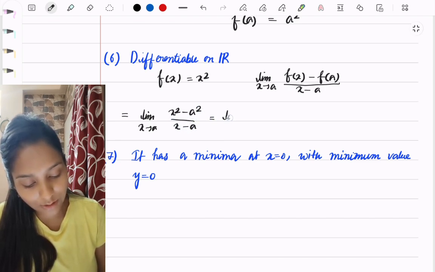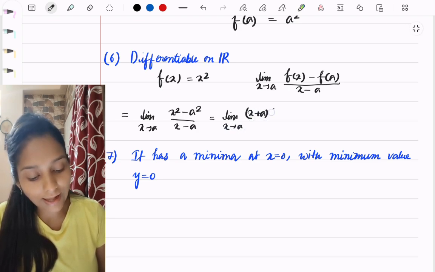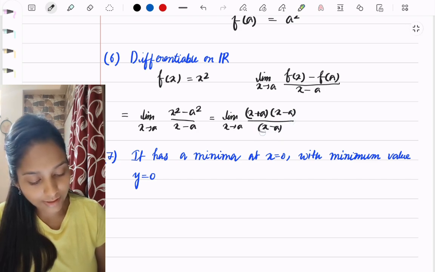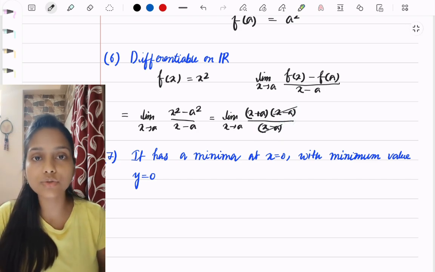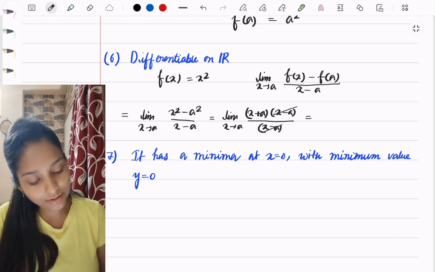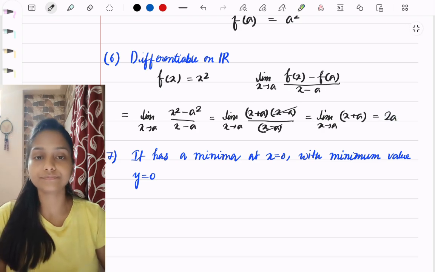So we can cancel out the x minus a from the numerator and the denominator. As x tends to a, x is not equal to a, so we can cancel out here, and here we have limit x tends to a, x plus a equals 2a.